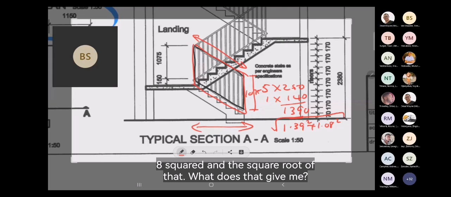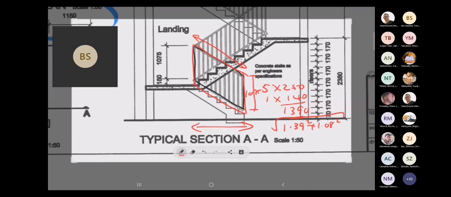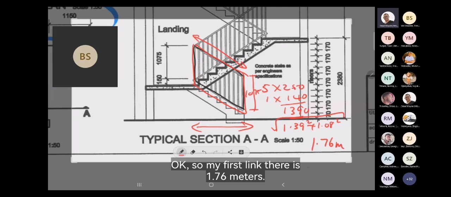What does that give me? 1.76 meters. Yes. Happy? Okay. So my first length there is 1.76 meters.